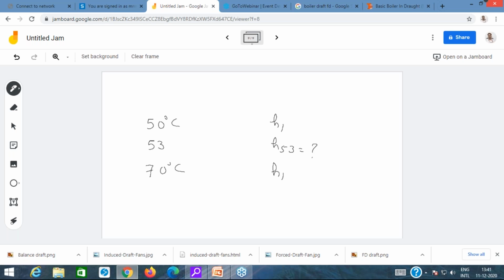So the linear interpolation is like this. This is called linear interpolation.